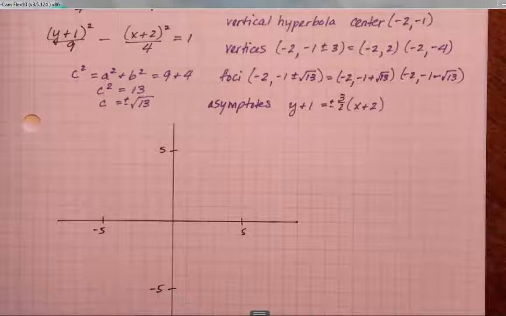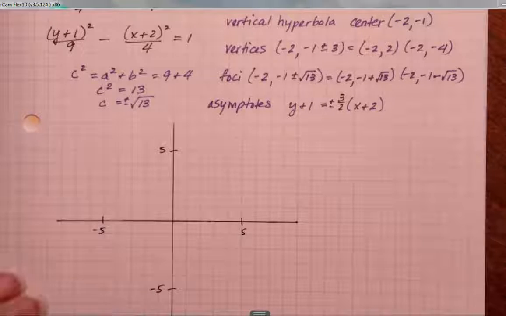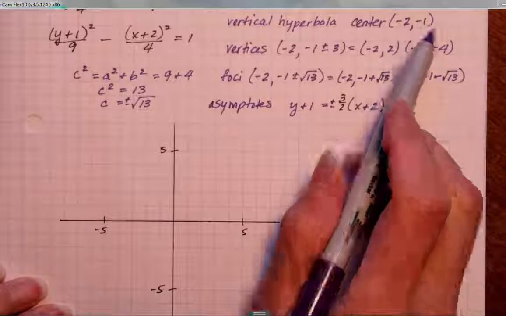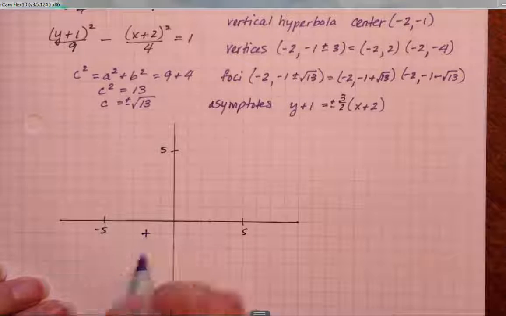I'm now going to take this information and put it onto a graph. First thing I want to do is show where my center is at for my hyperbola. And my center is at -2, -1. So -2, -1. I'm just going to put a little plus sign there.